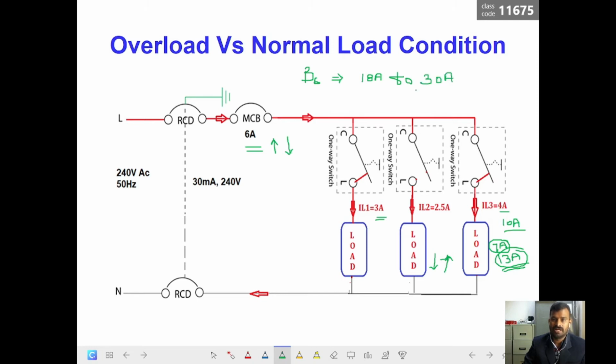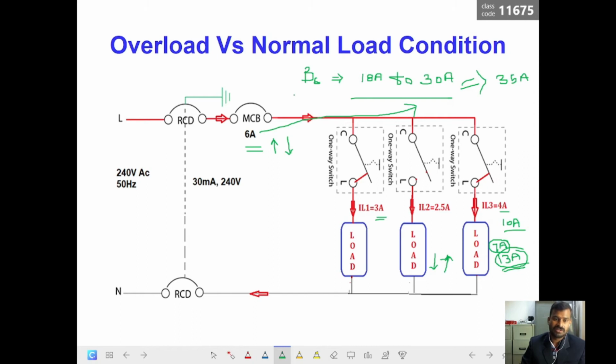Until 30 amperes for this device, we can say it is in the overload condition. If the current goes more than 30 amperes, say the fault current goes to 35 amperes or 40 amperes, that will become a short circuit. So how do we classify the short circuit fault and the overload fault?